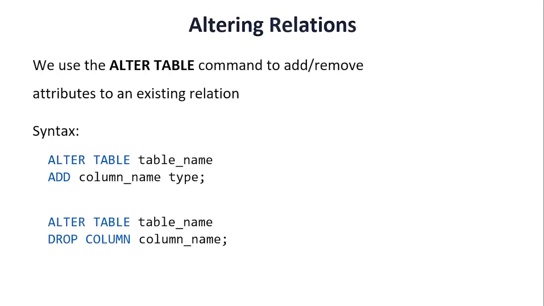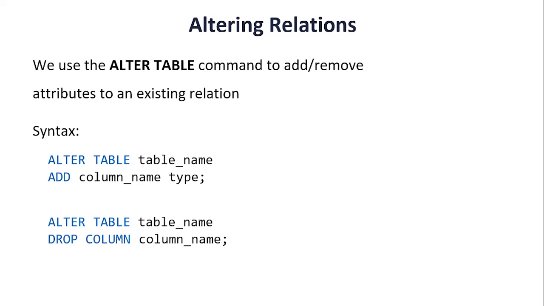And then there's a way to alter the tables we have created as well. So the command for that would be alter table followed by the table name. And then if we want to add a new column to the table, we can use add column name and the domain type.